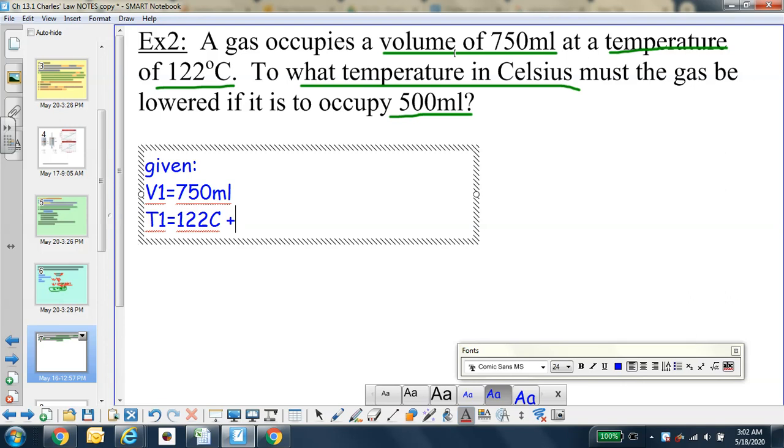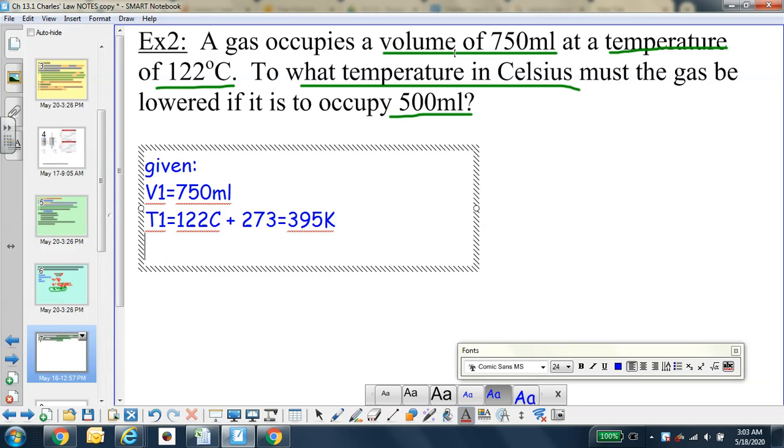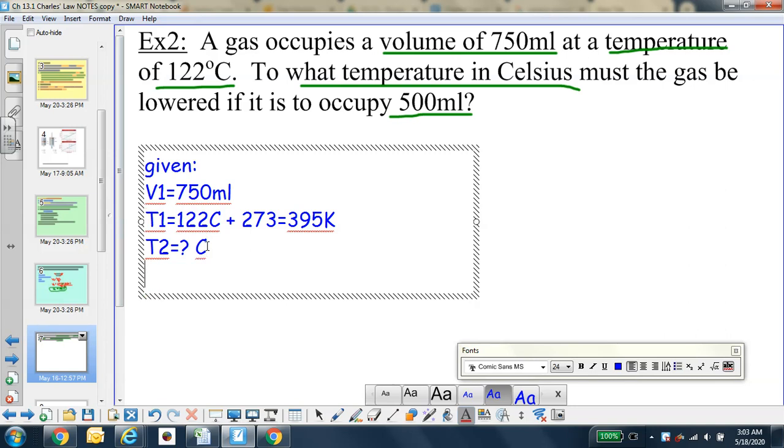And we need to add 273 to get it into Kelvin. That brings us to 395 Kelvin. We need to solve for temperature 2 and put it back into Celsius. And volume 2 is 500 milliliters.